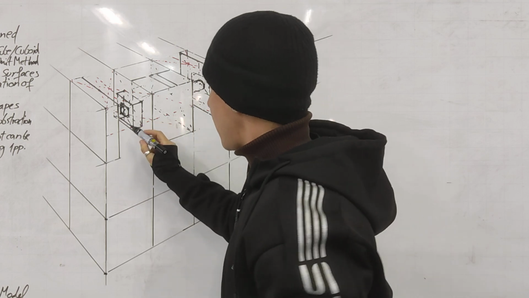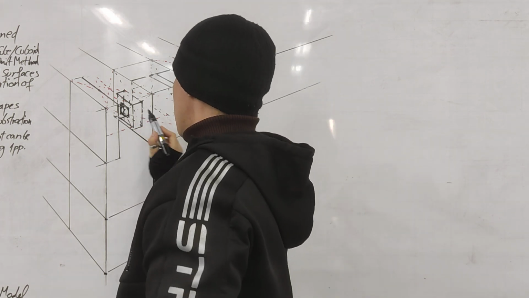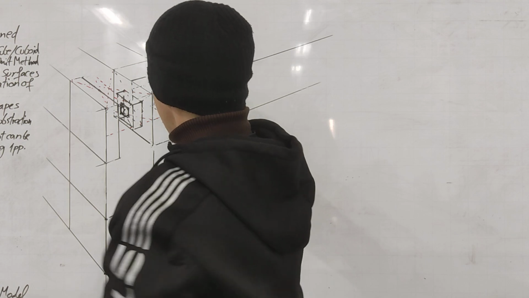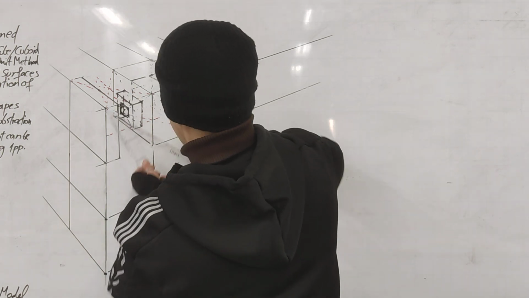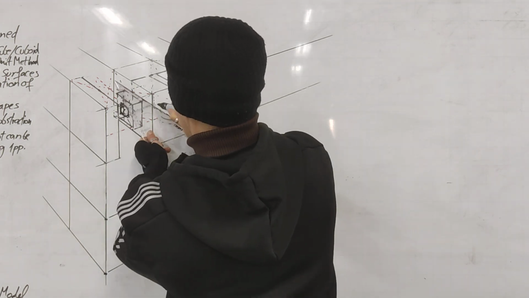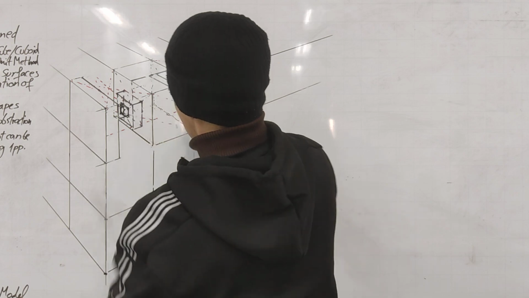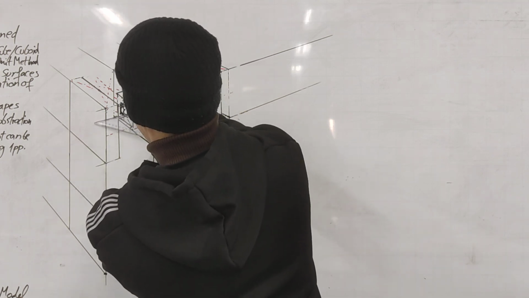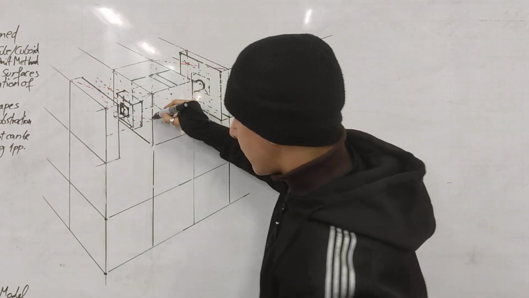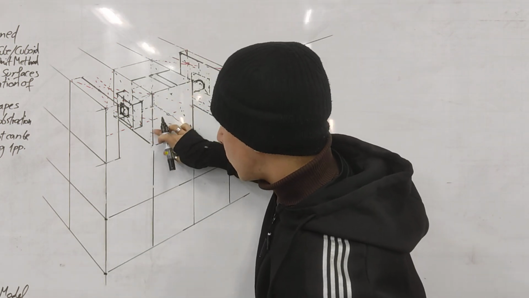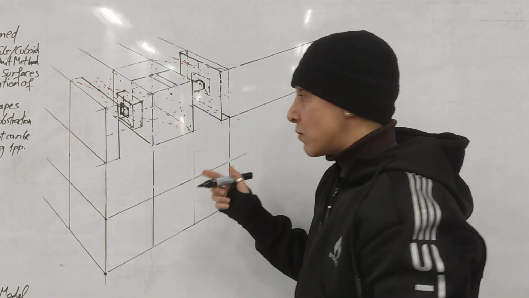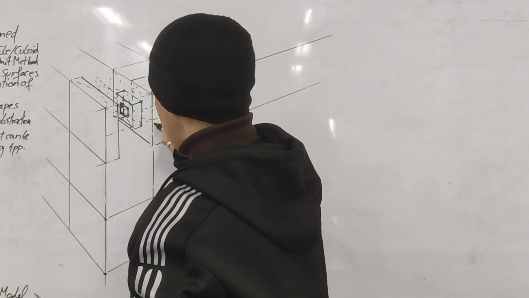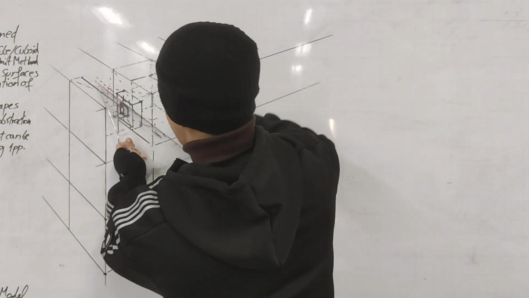So on this surface here, so on this surface there is a square in here, okay? So you need to again, to be a little more accurate, split the surfaces, diagonal, diagonal, where is the center? From this center to the vanishing point.